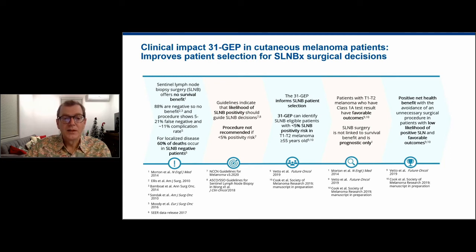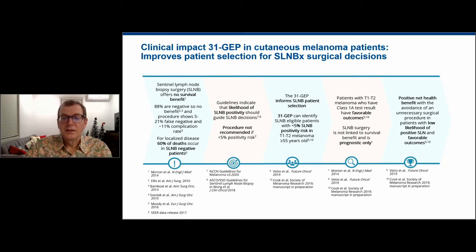And if we can use sentinel lymph node biopsies combined with gene expression profiling, what you can find is that patients with a T1 or T2 thickness melanoma who have a class 1A, essentially, if they're above 55 years of age, could be excluded from getting the sentinel lymph node biopsy and still have favorable outcomes similar to those patients that we have excluded without using this particular gene expression profiling.